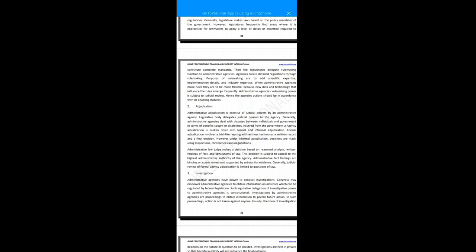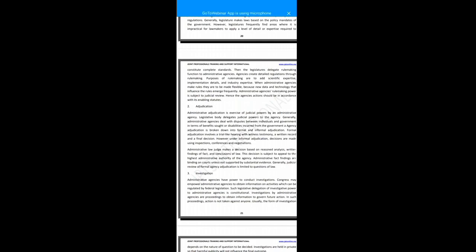An administrative agency can also issue subpoenas requiring a witness to appear and testify, and to provide any books, papers, or documents relevant to the investigation. These are the three main types of powers of administrative agencies.